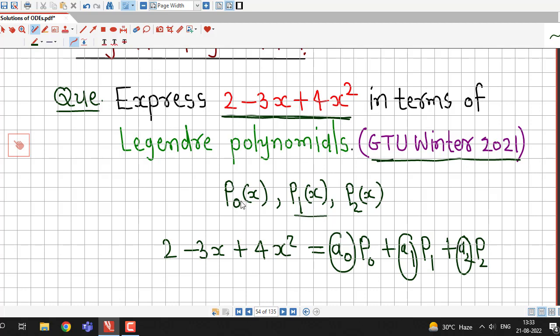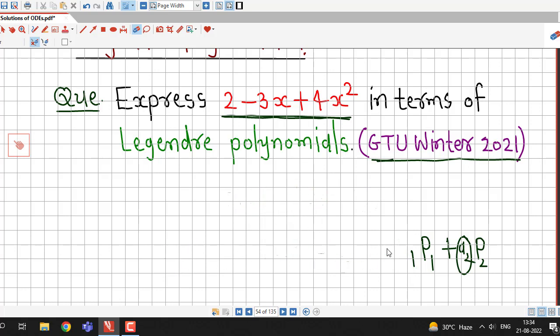The first thing required is that we must remember the expressions for P0, P1 and P2, and if we are not able to remember, we can derive them using the formula for Legendre polynomials.